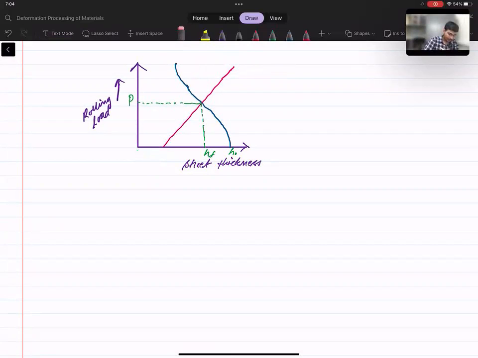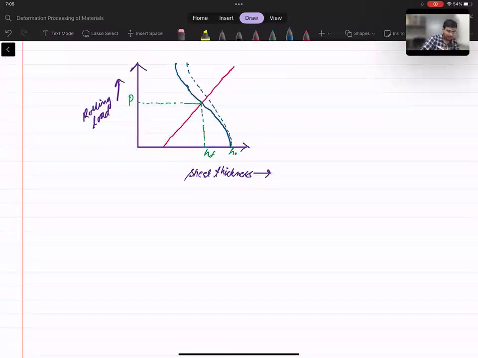This was the initial roll gap. Okay. Now in this case, what will happen? This is my sheet thickness. Now if the coefficient of friction mu or the flow stress sigma increases, then in that case the plastic curve will shift towards the right side or upper side. Okay. So in that case this will be the condition.